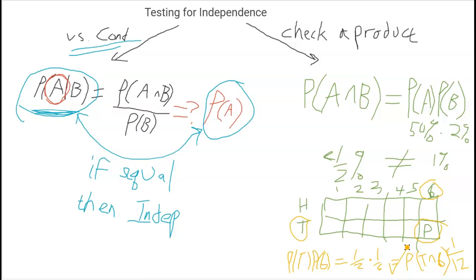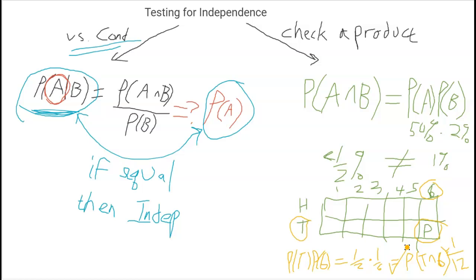There's no magical influence. Flipping a tails on the coin does not change the probability of the die getting a 6. There's no magical connection between the two. So, of course, common sense says, yes, that's a completely independent event. All you need to do is check the product of the two separate events. If it equals the intersection, then you know the two events don't influence each other.